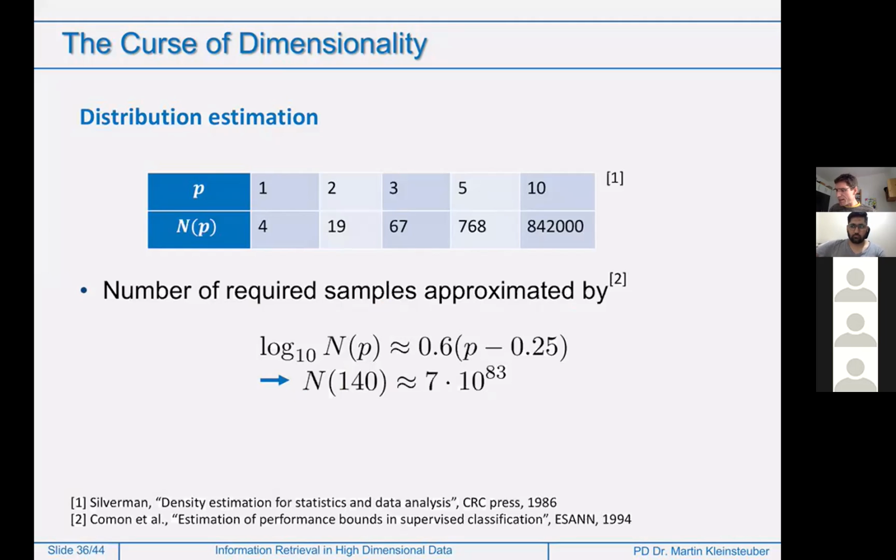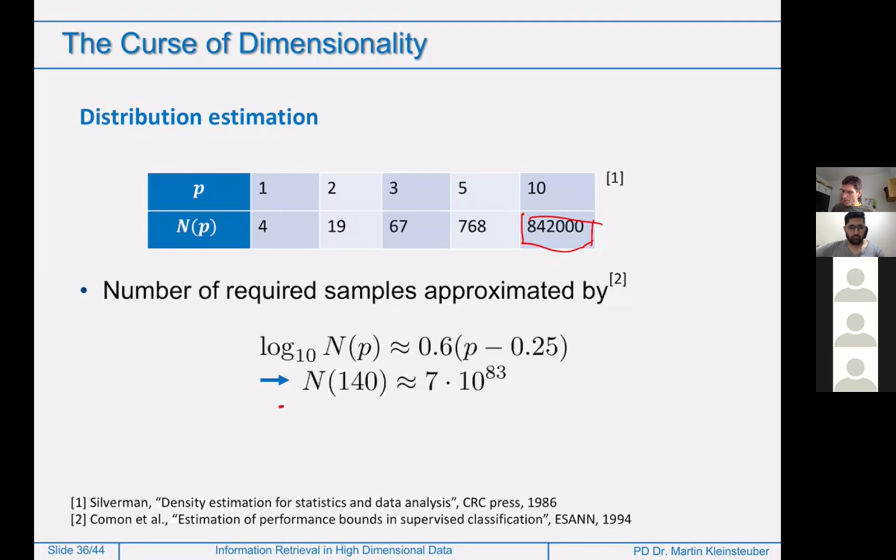For P equals 2, we have 19 samples. And if you grow your dimension, to find out in a certain quality what a 10-dimensional Gaussian distribution would be, you nearly need 1 million samples already. The number of required samples is approximated by this function here.